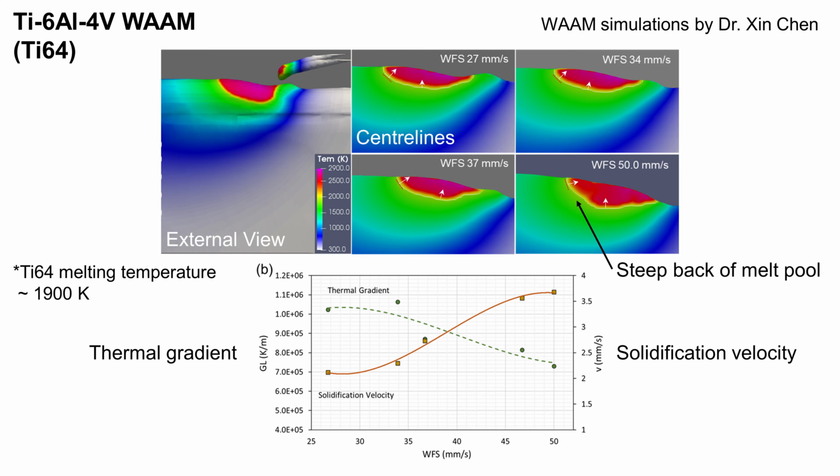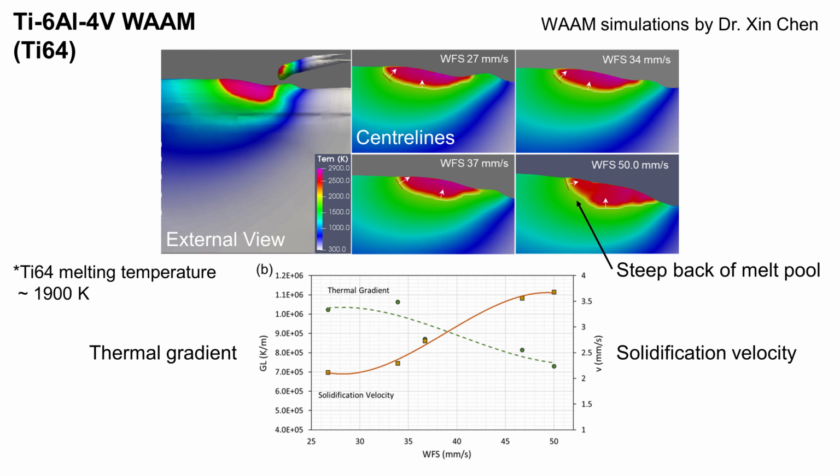A consequence of this is that the back of the melt pool becomes progressively steeper with higher wire feed speeds and changes the direction of the maximum thermal gradient in the melt pool. If you have a very shallow melt pool, we know intuitively that liquid metal solidifies from bottom to top. The maximum thermal gradient here points upwards, probably with a slight tilt towards the heat source moving overhead.